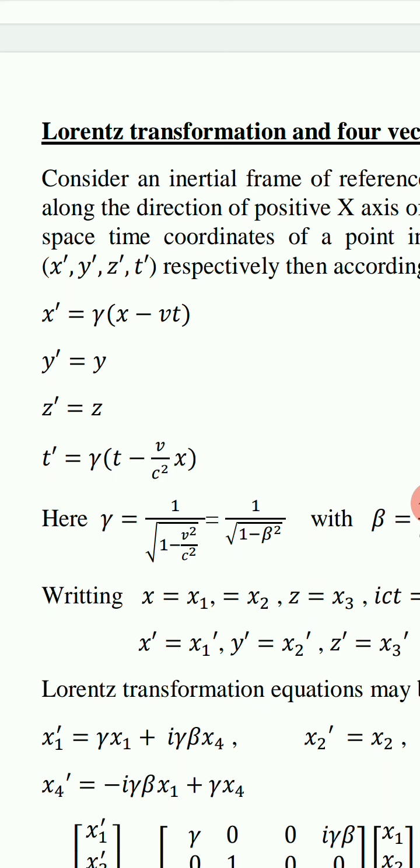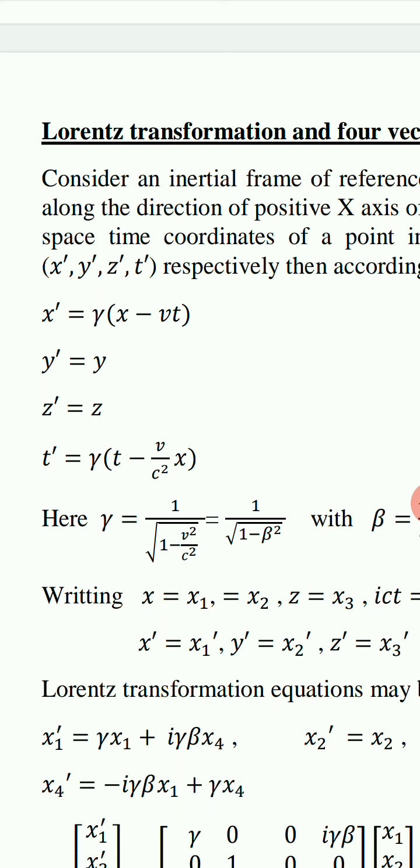Second is y dash equal to y. Third is z dash equal to z. Fourth is t dash equal to gamma times t minus v upon c square x.